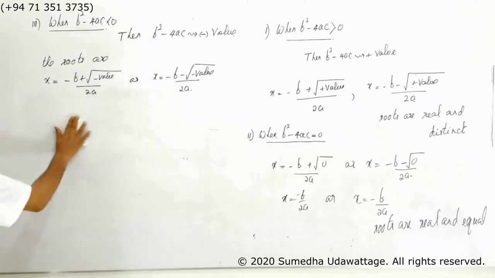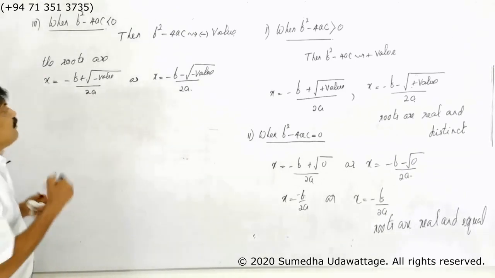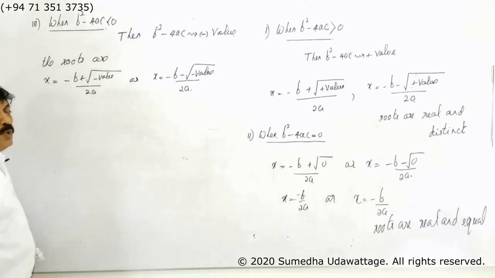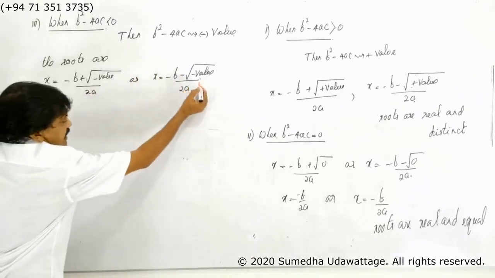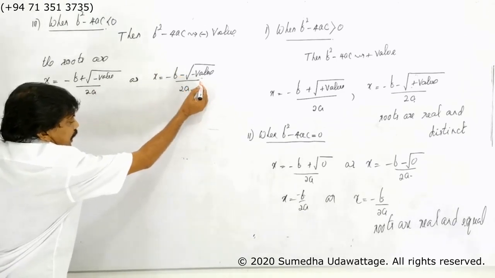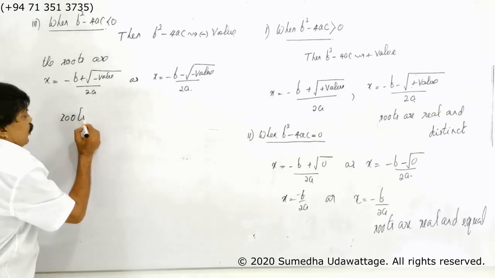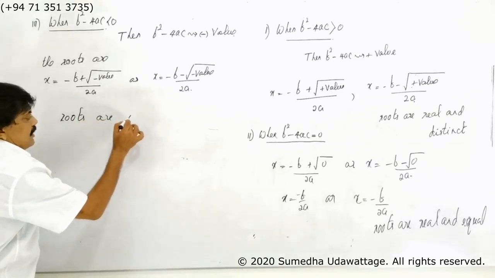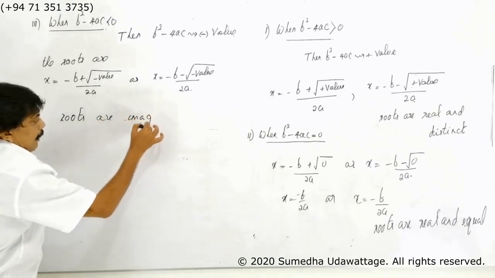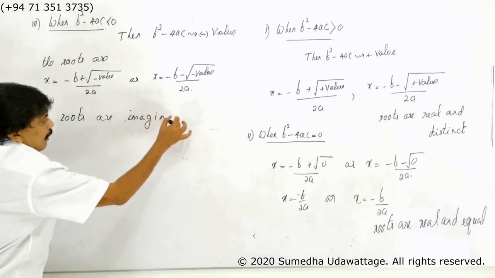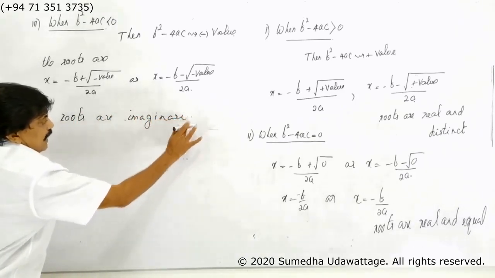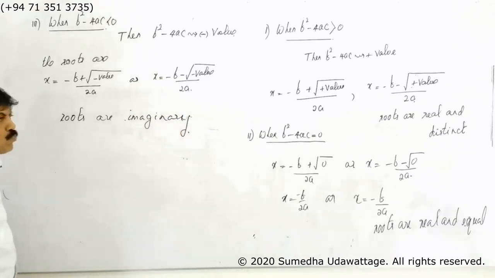Now, when there is a minus value within the square root, the roots are imaginary.